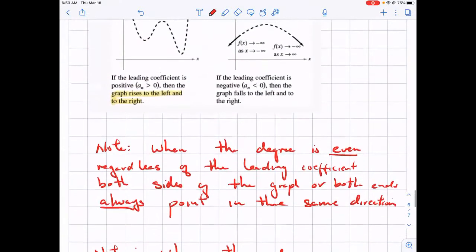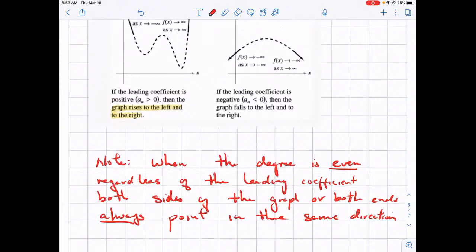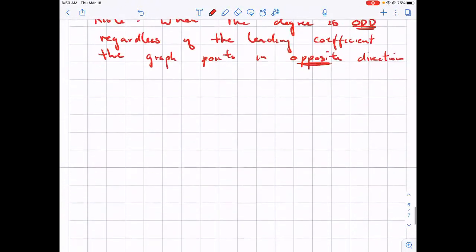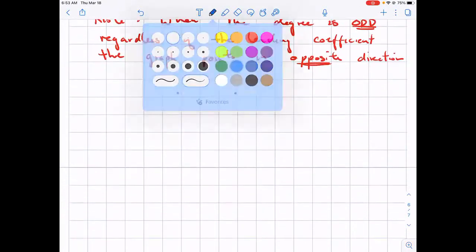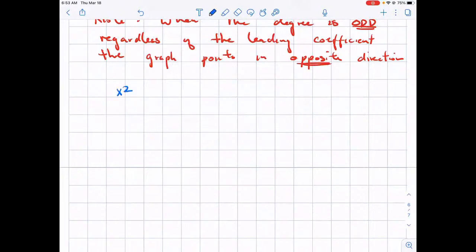So if you compare the two pictures, if you have x squared, you will notice that both ends point in the same direction.